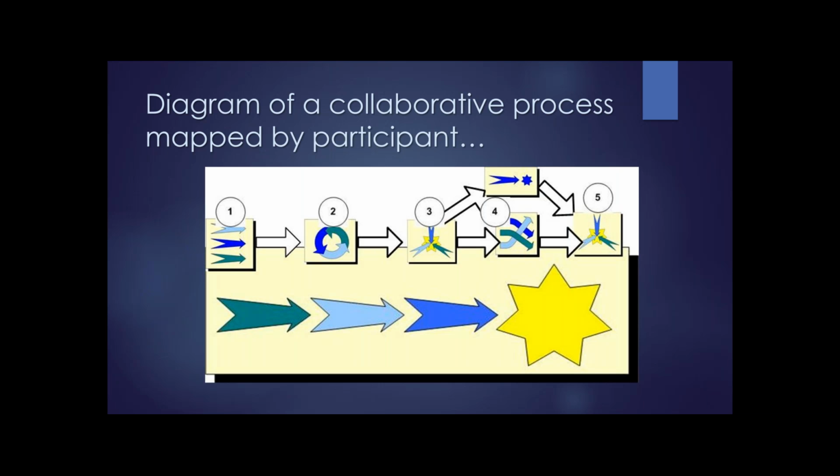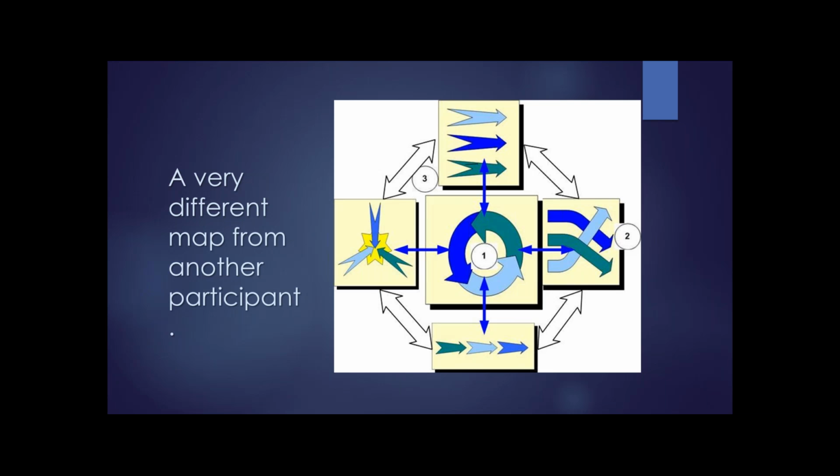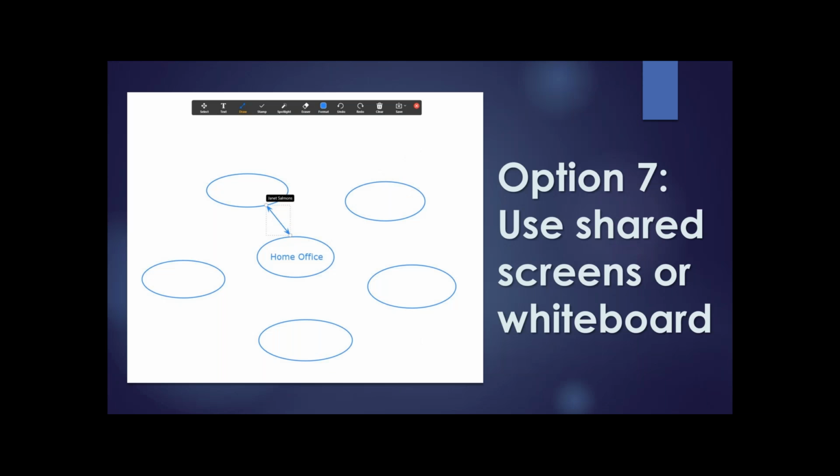But they could move those icons around, manipulate them on the shared whiteboard, and then, of course, all of that is recorded and becomes a part of the data that we've got to use. So I had all kinds of different maps that came out of that.